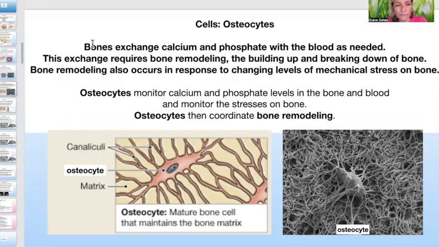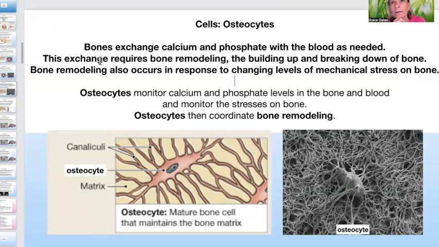Just briefly, before I talk more about osteocytes, bones exchange calcium and phosphate with the blood as needed. So if calcium and phosphate are needed anywhere in the body, calcium and phosphate will be taken from the bones, put into the blood, and then carried by the blood to wherever they are needed. This exchange requires that the bones be remodeled, which means that the bones be broken down if calcium and phosphate are needed.